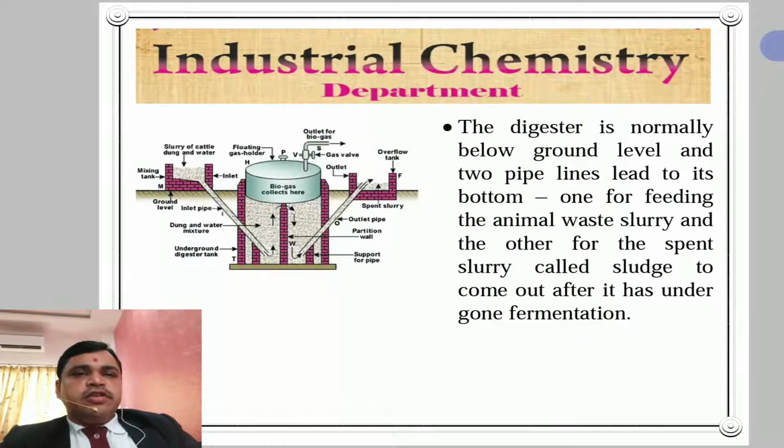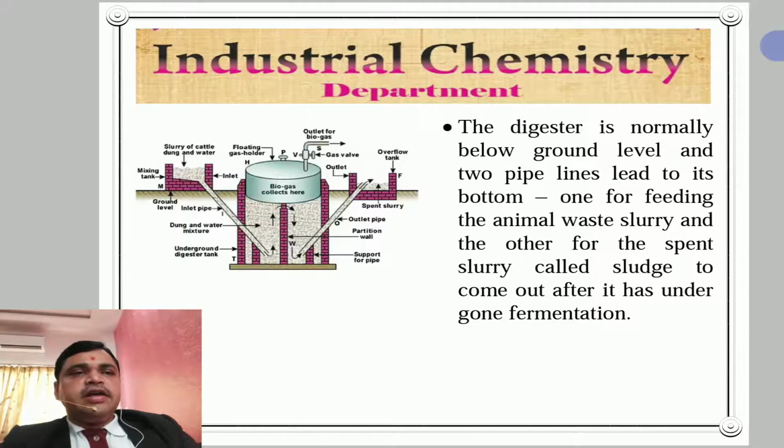The digester is normally below ground level and two pipelines lead to its bottom, one for feeding animal waste slurry and the other for spent slurry, called sludge, to come out after it has undergone fermentation.